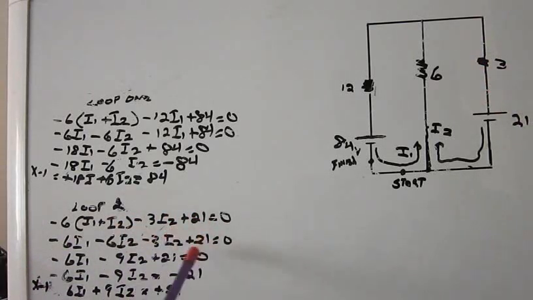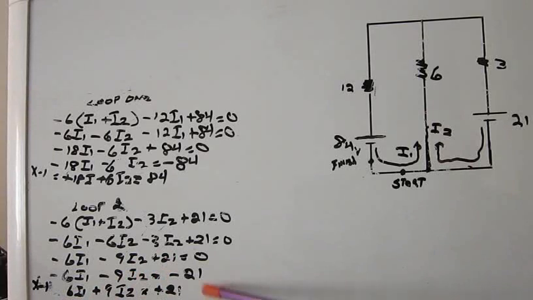We combine terms as shown here, and we come up with minus 6 I1 minus 9 I2 equals a minus 21. Since we want all positive values, we'll just multiply through by a minus 1. We get 6 I1 plus 9 I2 equals a plus 21. That is the loop number 2 equation.